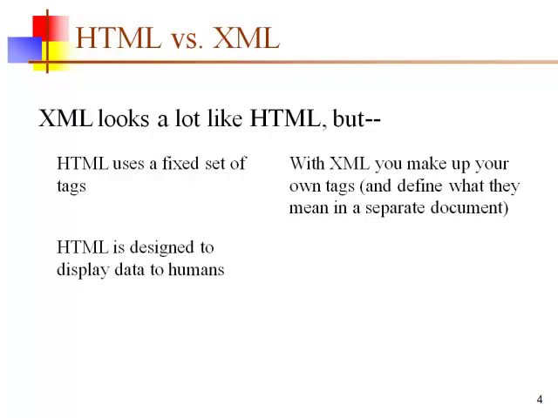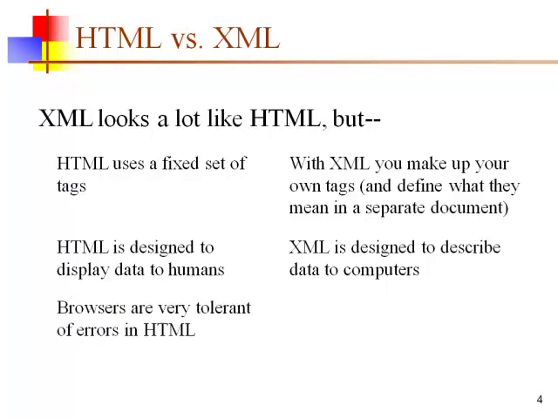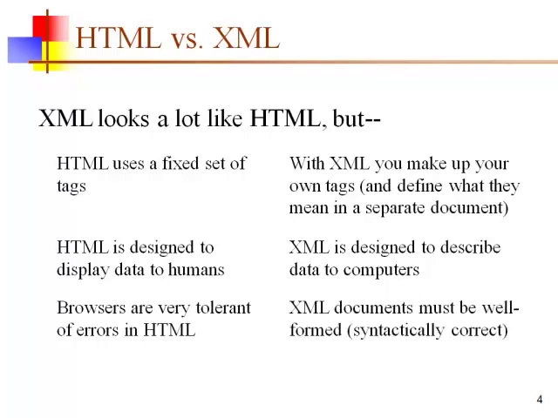Don't worry. Next, HTML is designed to display data to humans, but XML is designed to describe data to computers. Of course, it is also a major difference between the two languages, and browsers are very tolerant of errors in HTML, but not in XML. Our browser can easily understand HTML.